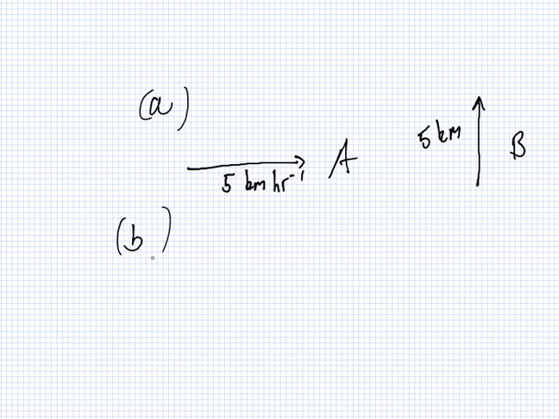Can I add these vectors together? Yes. No. Because one has speed. In other words, I can't add them together because they're different units. The first vector is 5 kilometers per hour, and the second vector is 5 kilometers. So in fact, you can't add them. This is a mistake a lot of students make.